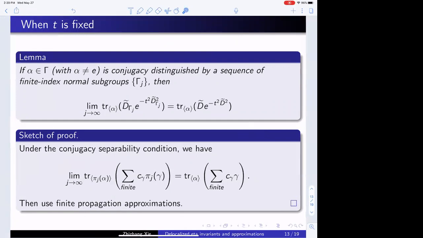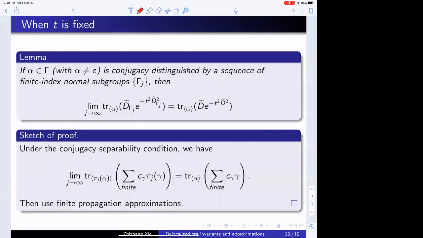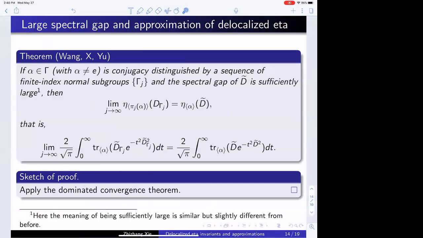All right, so the issue is, of course, what we really want is to have the integral inside, okay? The point is that the limit and the integral do not commute in general. So here's one of the theorems we proved, which goes back to the large spectral gap that I mentioned before.